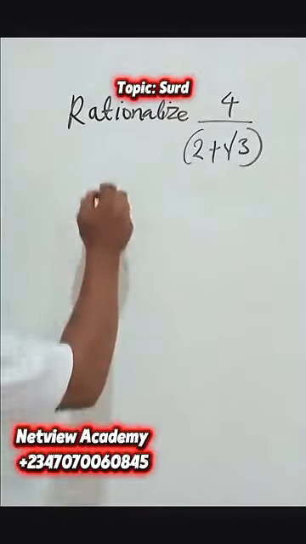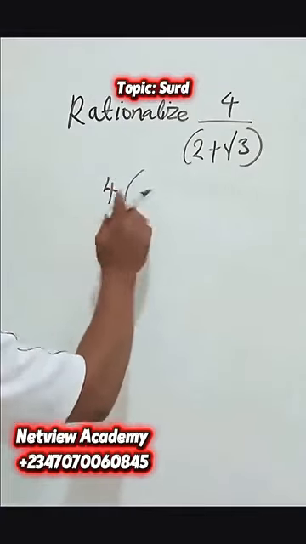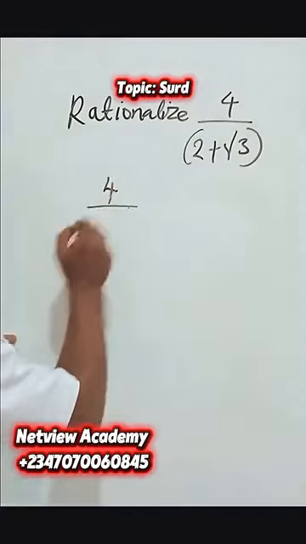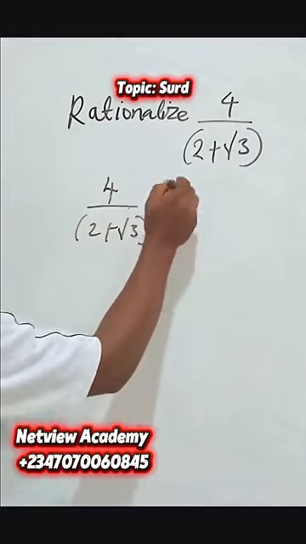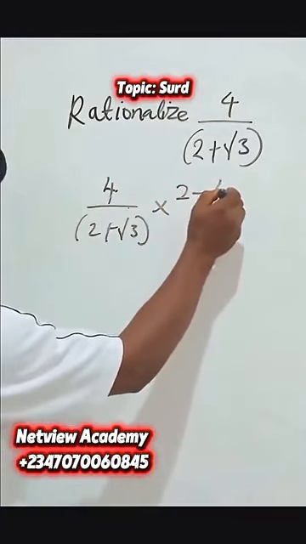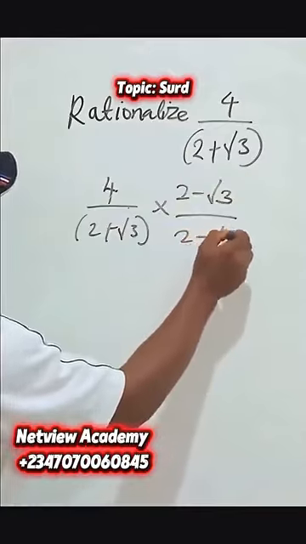And this becomes 4 multiplied by 4 over 2 plus root 3, 2 minus root 3, all over 2 minus root 3.